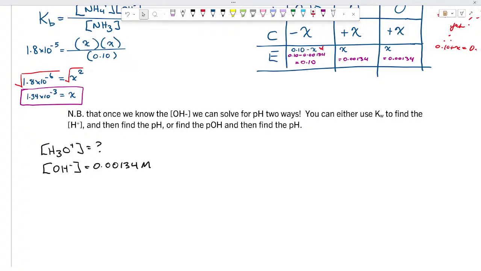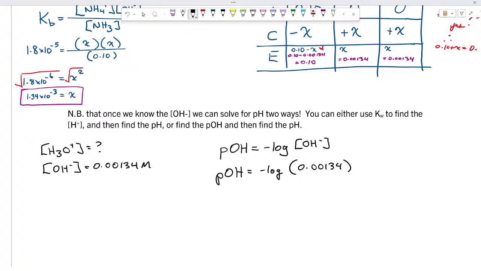So one option would be find pOH, and that's relatively easy. The pOH is just calculated by taking what? Negative log of the concentration of OH minus, which is the negative log of, in this case, 0.00134 molar. This is going to be 2 point something, like 2.8? 2.9. 2.9? Great.